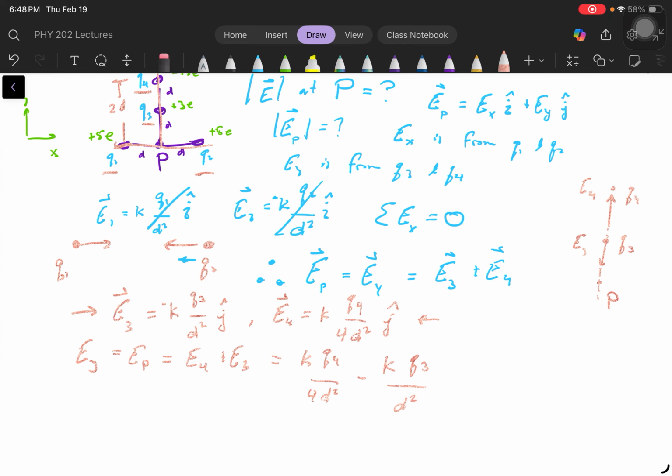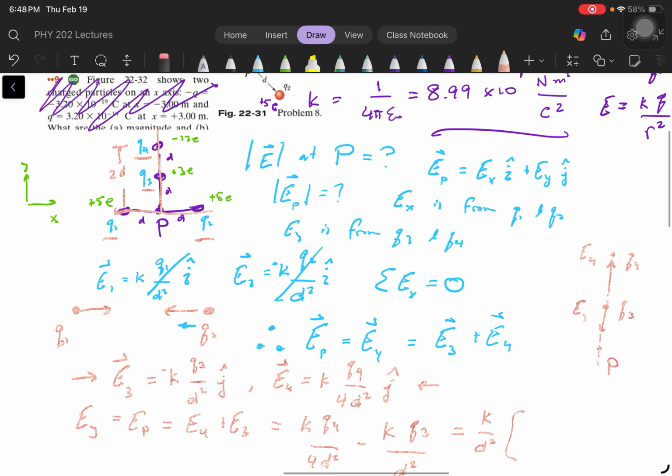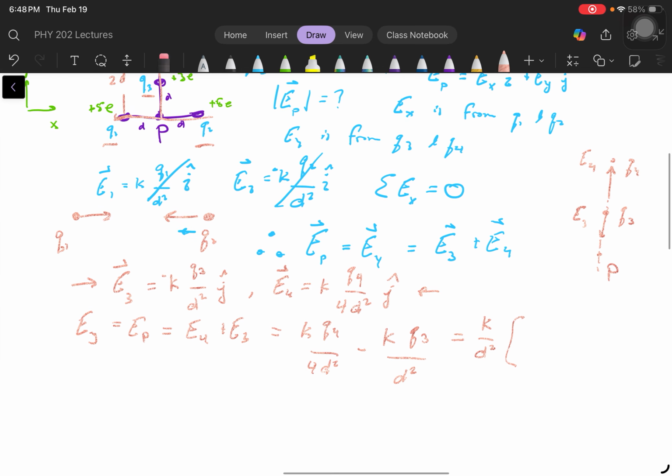Okay. And so we get K over D squared times, let's see what Q4 is. Q4 was the 12e, so we have 12e over 4. And then we have minus the positive 3e.